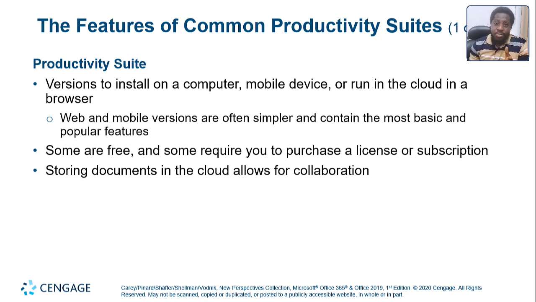And that is why they don't want you to worry your head over purchasing an office license, but getting you your due license as far as this course is concerned, to make life a lot easier, because it's not free. When you also store documents on the cloud, it allows for collaboration. So it's one other thing that a productivity suite must bring on board.